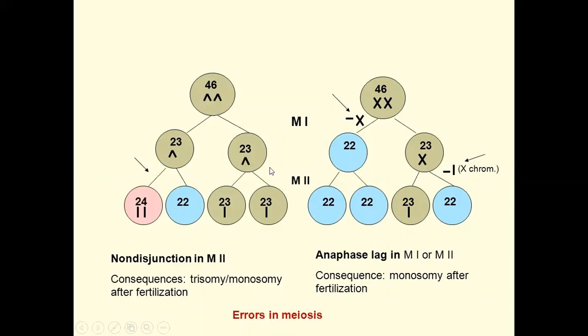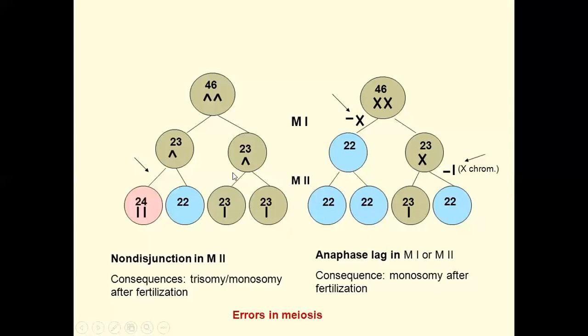Here we are showing non-disjunction: 46 chromosomes, 23, 23. That means here it shows normal haploid division in meiosis 1, but in meiosis 2, 46 to 23 is meiosis 1, and when 23 divides again in the meiosis 2 process, there is 24 in one, that means an extra copy of a chromosome, and the other contains 22.